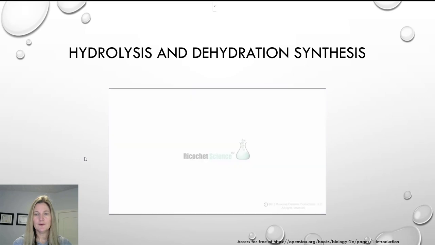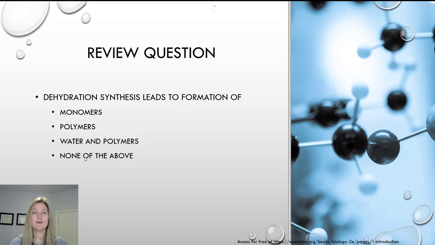Okay, so that was a good overview of the difference between hydrolysis and dehydration synthesis. So to finish off section 3.1, we're going to go through 3 review questions just to make sure we understood the 2 concepts here. So the first question says dehydration synthesis leads to the formation of, is it monomers, polymers, water and polymers, or none of the above?